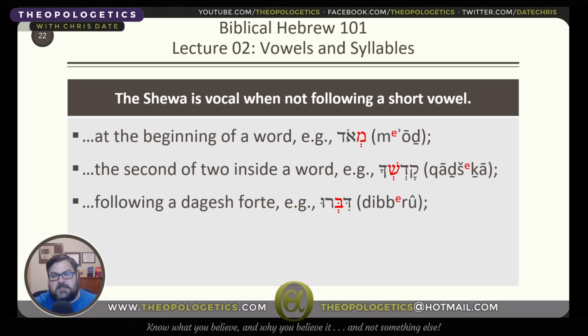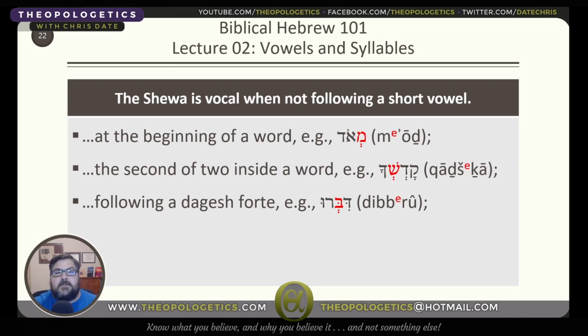The shva is also vocal when it follows a dagesh forte. So in this case, it's dibaru. And remember, bet is a begadkefat consonant, which means that the dagesh inside of it could be a dagesh lene, or it could be a dagesh forte. We know in this case it's a dagesh forte because it follows a vowel sound.